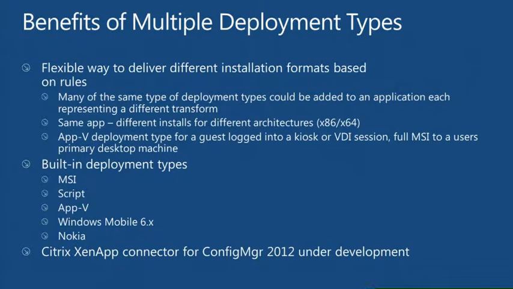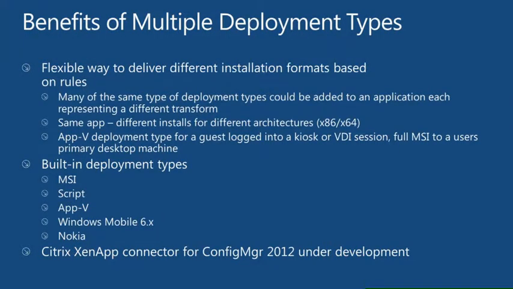You want to deploy that app to the user, but at the same time, you want it to be in full form, so in MSI form, when the user is on their primary desktop, for example. But when they turn around and show up at the kiosk, you don't want them waiting for 15, 20 minutes for all of that stuff to happen. So you want the App-V version to show up if they log into a non-primary machine.